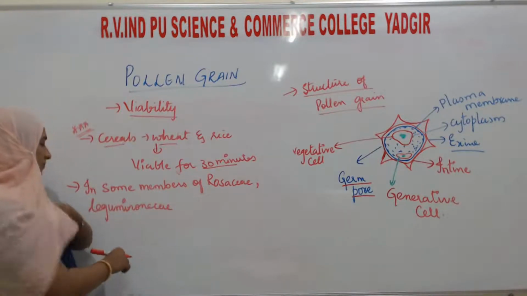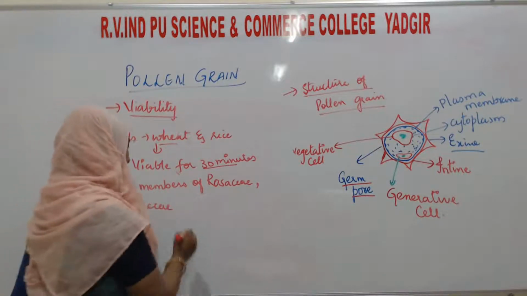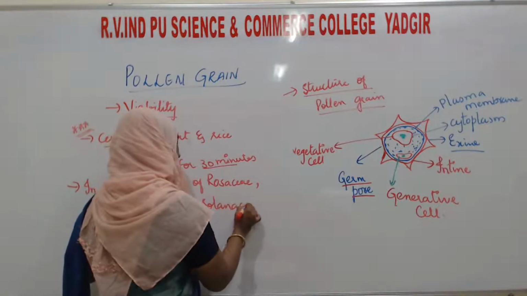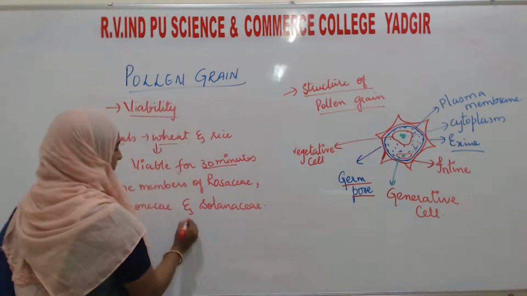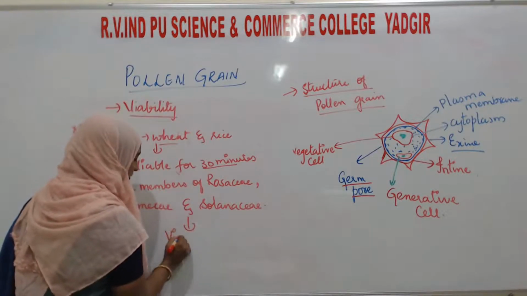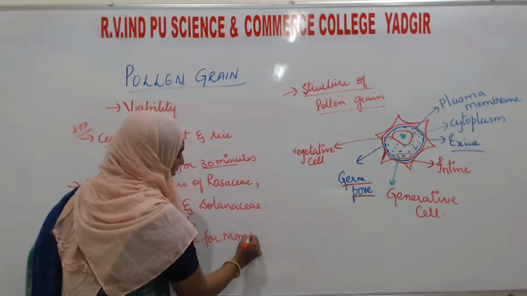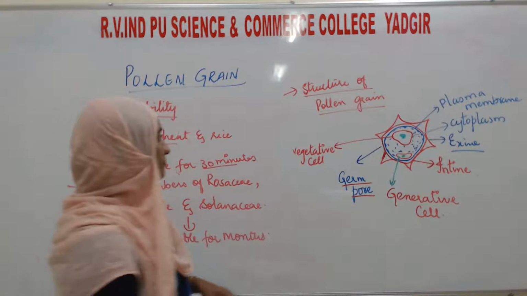Rosaceae, Leguminosae, and Solanaceae: the pollen will be viable for months.